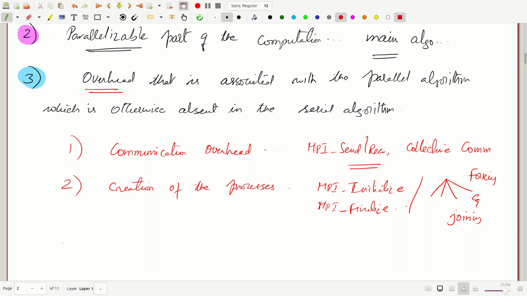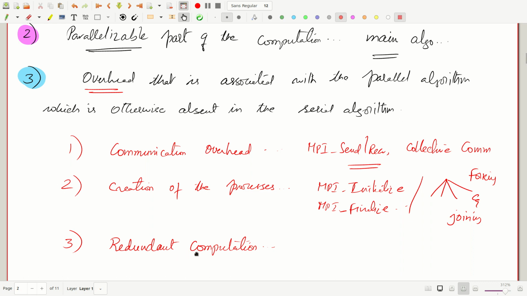And then of course you also have something that is redundant, right? So you have some redundant computations that you would perform, which can be thought of as overhead computation or time in the parallel algorithm. Again, this would not be there in the serial algorithm because there is only one process.